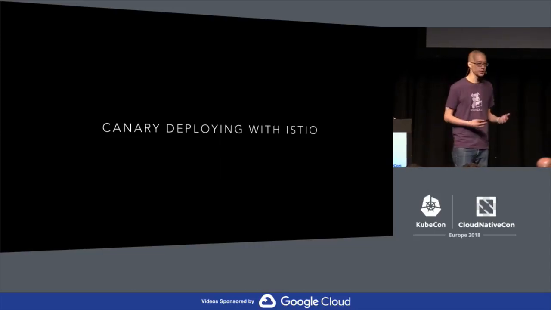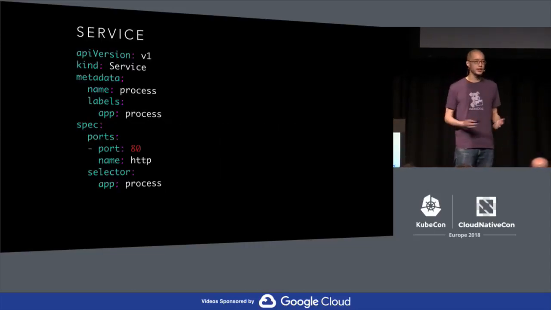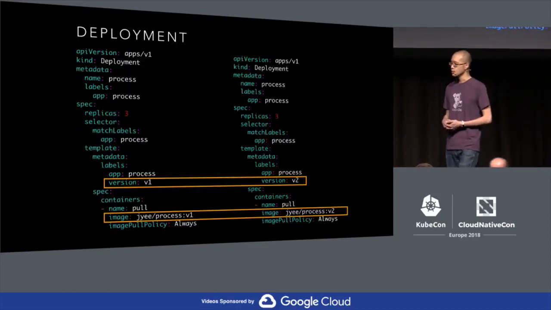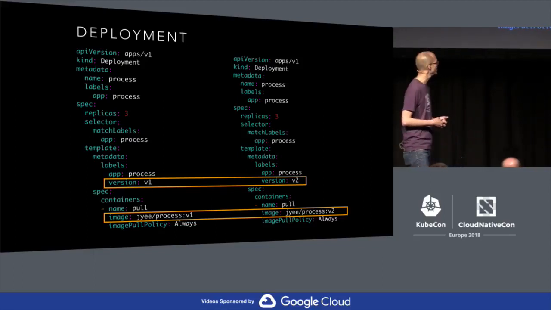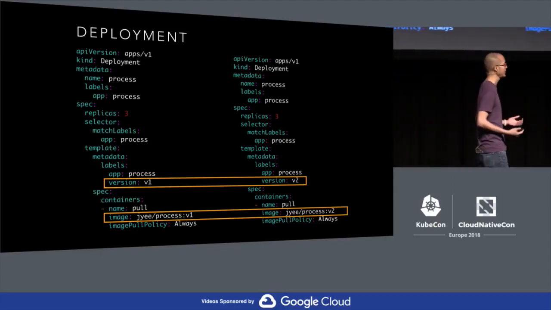So Canary deploying with Istio, how's this done? Well, you start off with a service. The service doesn't actually get changed. This is all standard Kubernetes. Then you set up 2 deployments, right? You just have to create version 1, version 2. This is actually how you would do Canary deploys with straight up Kubernetes.